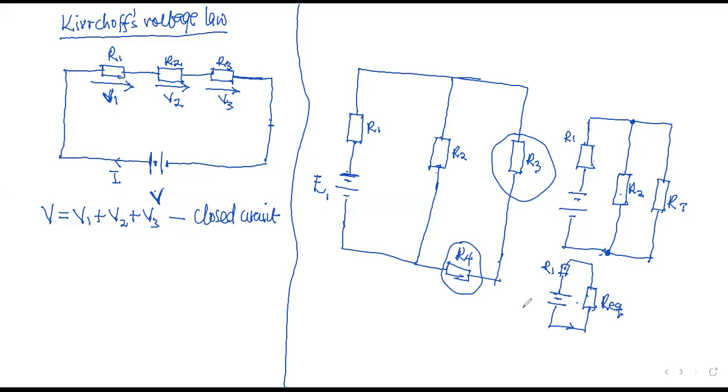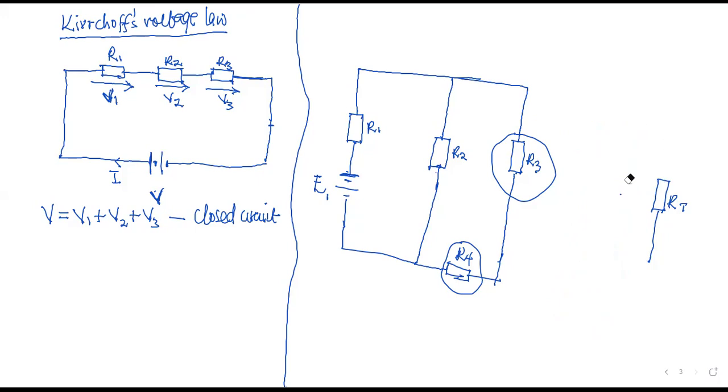So if there is only one source of EMF, we do not use Kirchhoff's law. You can use it, but when you use it, it's a waste of precious time, because with Kirchhoff's law, you must obtain equations and solve them simultaneously.